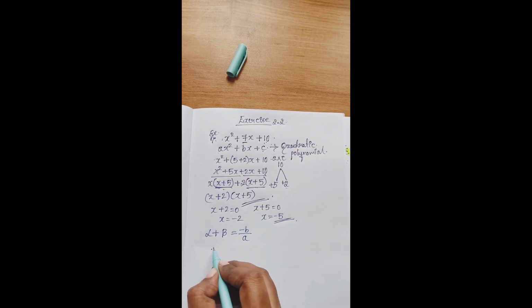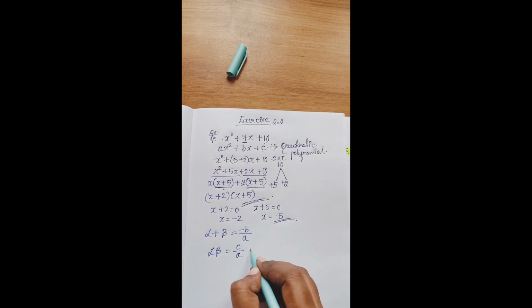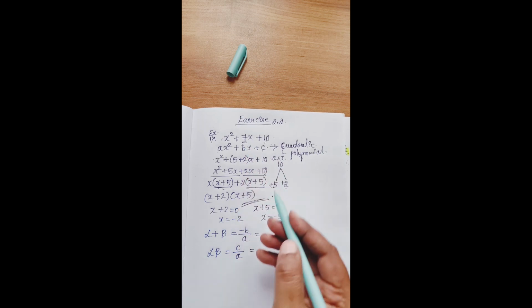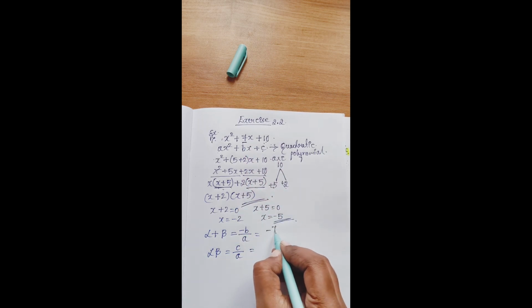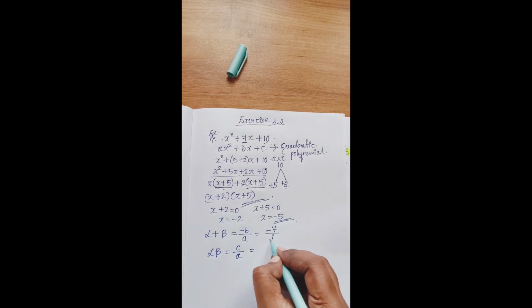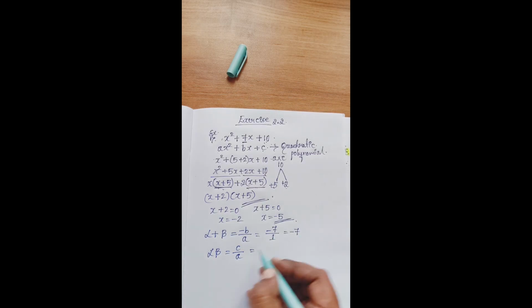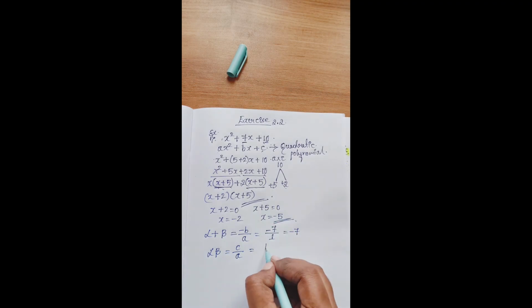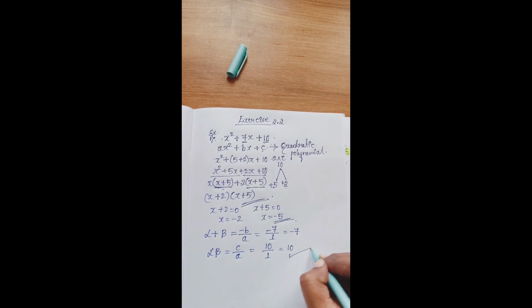Product of zeros is alpha into beta equals c by a. What is b here? In place of b there is 7, with minus, so minus 7 by, in place of a, 1. So the answer is minus 7. Next, c. In place of c what is there? 10. 10 by 1. So the answer is 10.